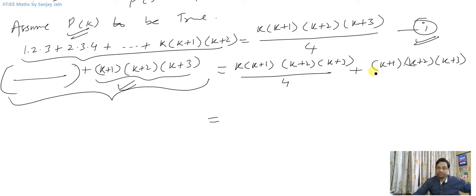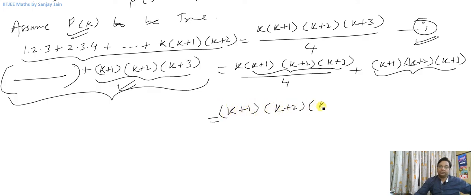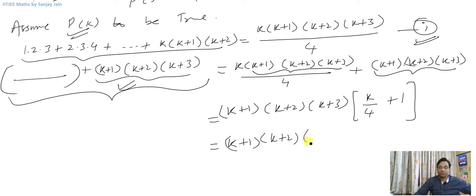This expression is common in both of these, so let me take it out. K plus 1, k plus 2, k plus 3 can be taken outside. From the first term I will be left with k upon 4, and from the second term I'll have 1. So this can be written as k plus 1, k plus 2, k plus 3, and k plus 4 by 4.